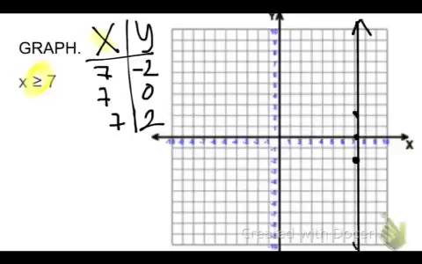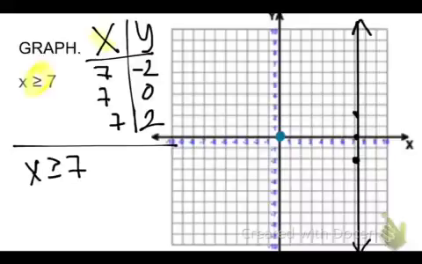I'm drawing some arrows. And then now I have to determine if I shade to the left or to the right of that line. So I'm going to use my test point, which is 0, 0, my favorite test point to use. Here's my verification, x. I'm going to see if x is greater than or equal to 7. I'm going to write my ordered pair here.